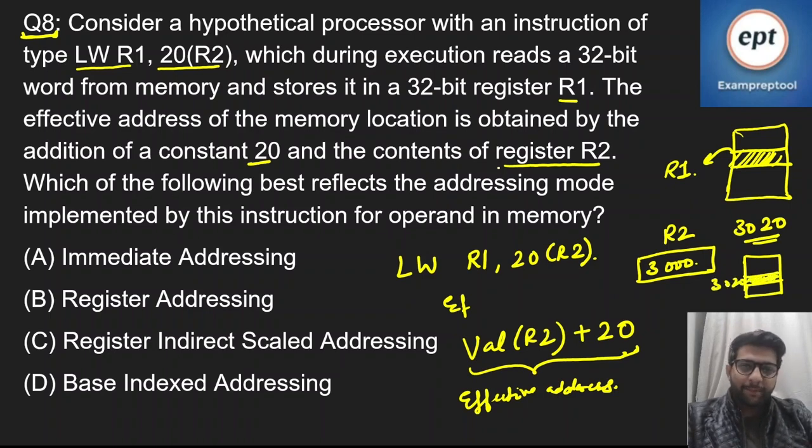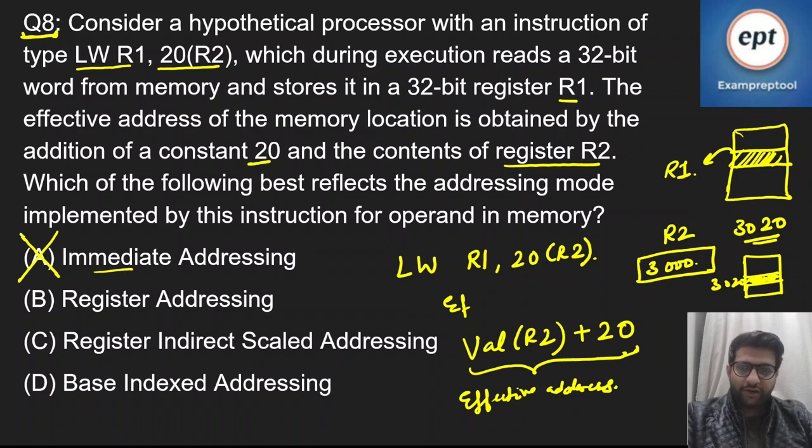Which of the following best reflects the addressing mode represented by this instruction for the operand? Option A is saying immediate addressing, so this is wrong. Why? Because in immediate addressing, the operand itself is stored in the instruction, so here we do not have a concept of effective address.